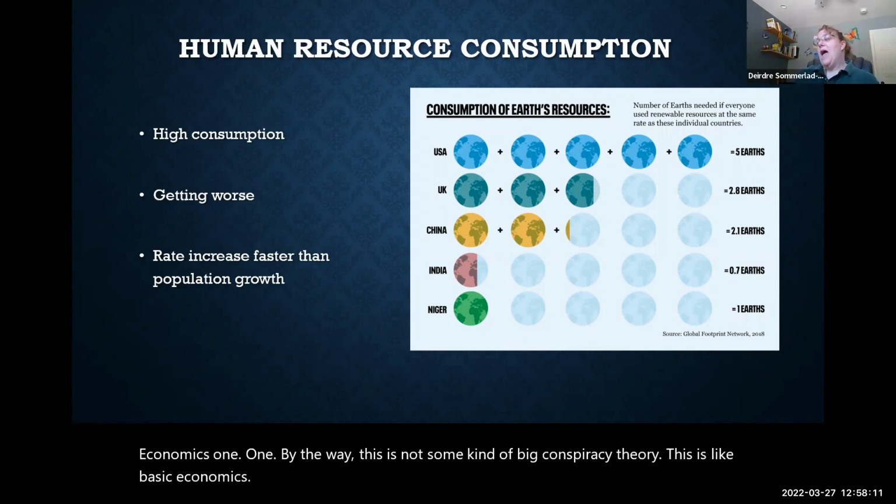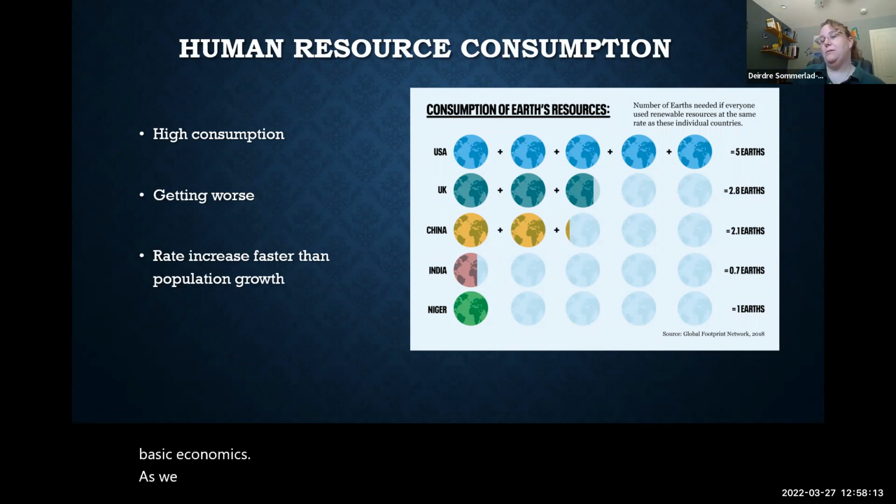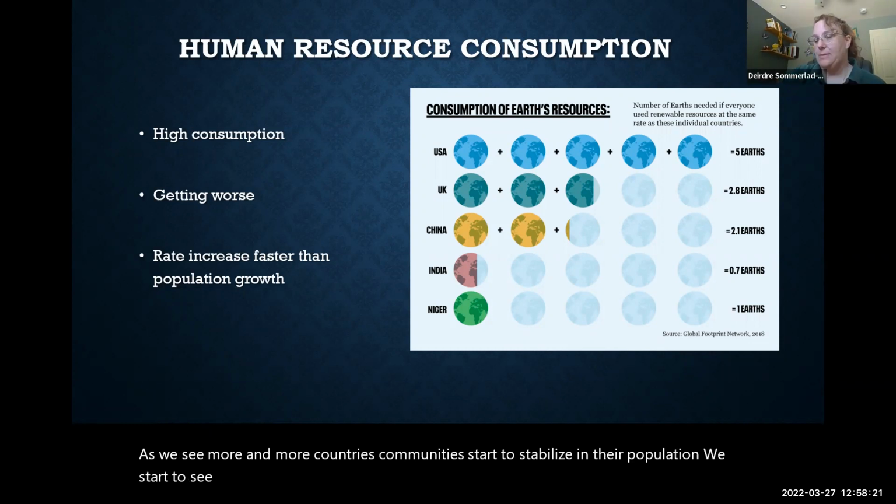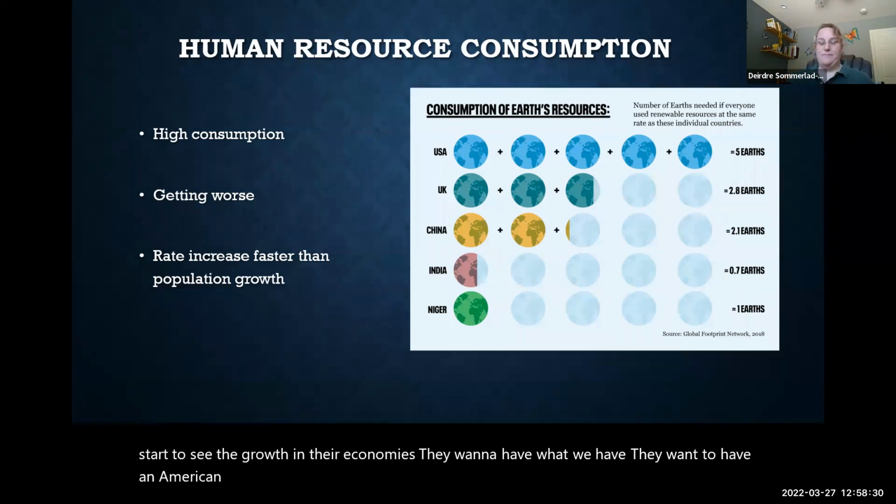So as we see more and more countries and communities start to stabilize in their population, we start to see growth in their economies, and they want to have what we have. They want to have an American lifestyle. One of the things America does very well is we sell the ideals of America.